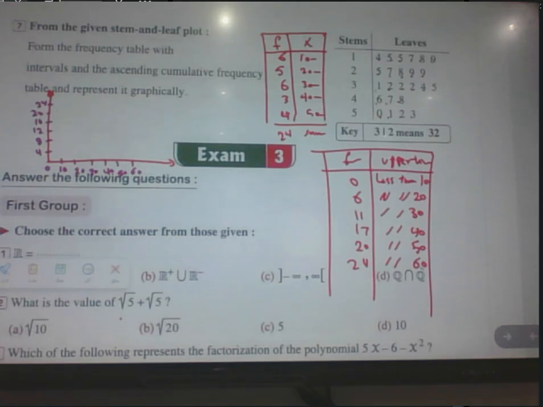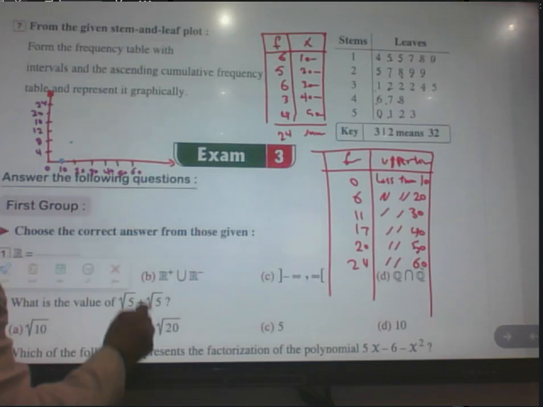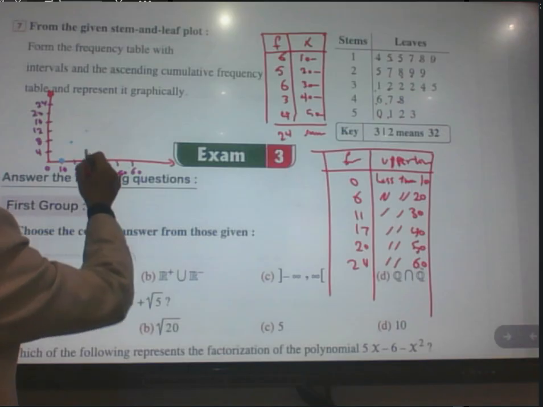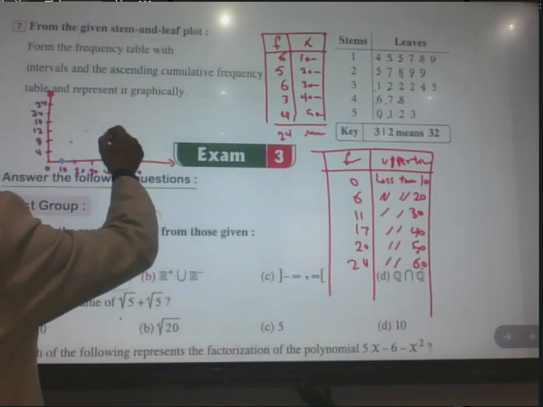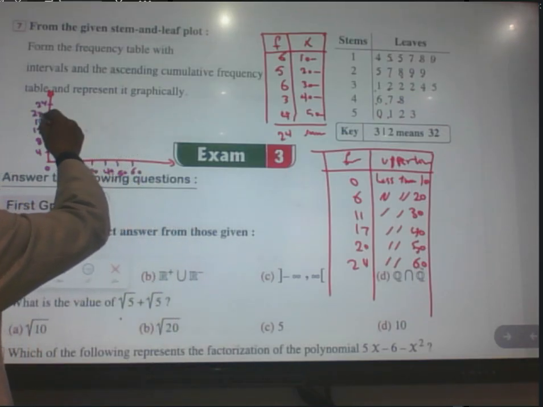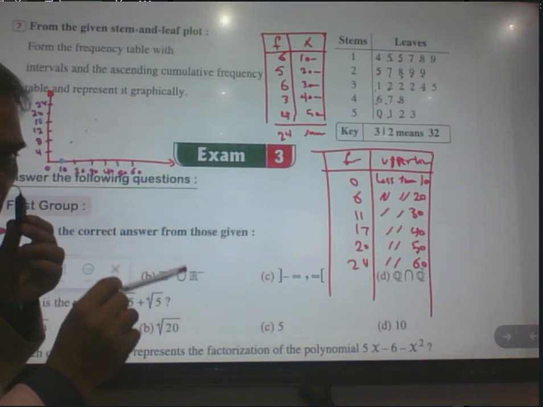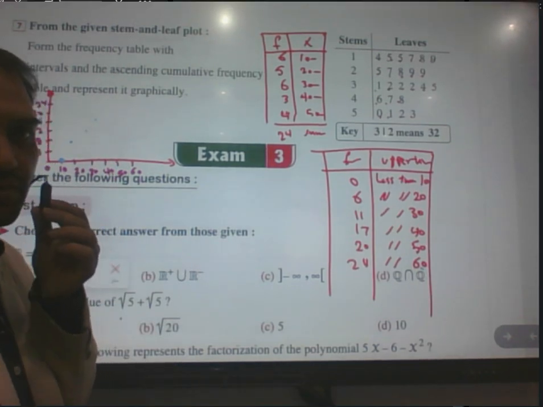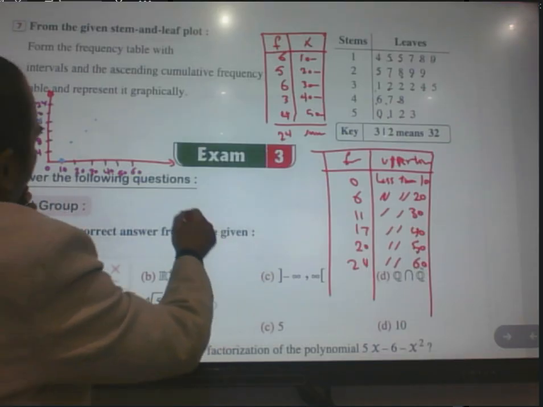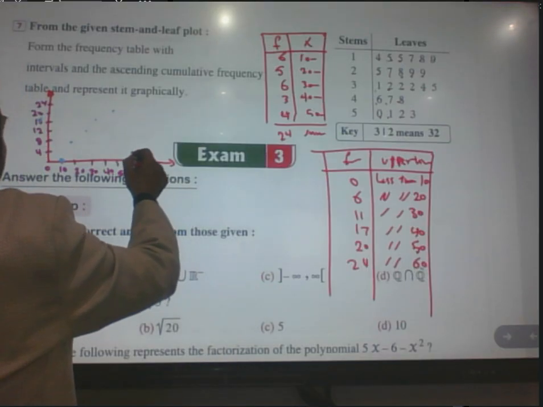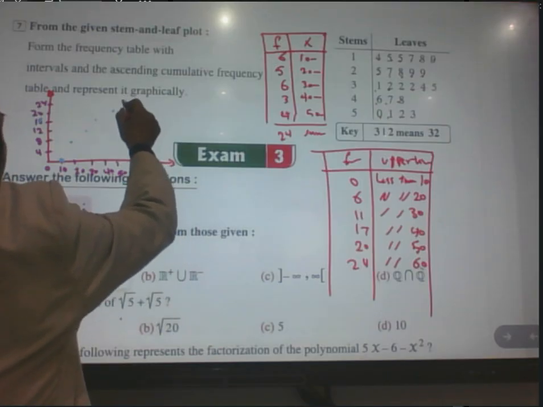At 10 the value is 0, then the first point is 0. The second, at 20, goes to 6. The third goes to 11, and the next to 17. We have 16 here, and 17 is one place after it. Next, also 20, then going from here to 60 at 24.